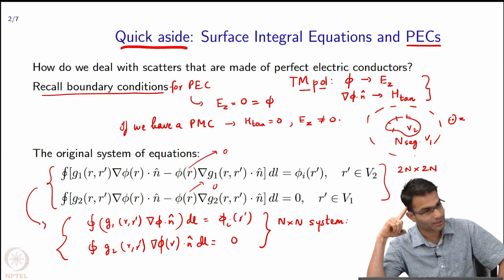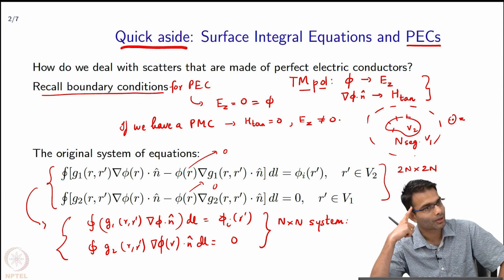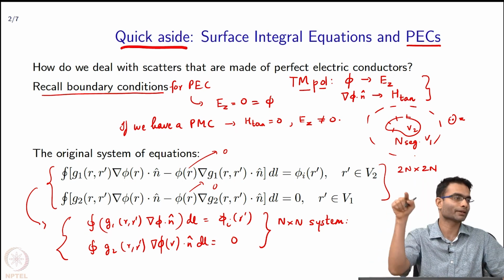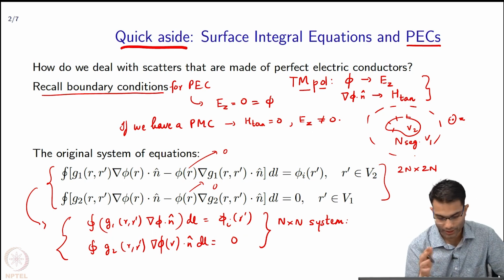Can you tell me one more reason why it is easier than the earlier system of equations? Which term did I not have to worry about? Grad g dot n hat. And was there a particular problem with grad g dot n hat? The singularity caused more trouble with grad g dot n hat. I had to be very careful how I integrated. I got plus half or minus half. But for a perfect electric conductor, that problem is not there, because the grad g term is gone.